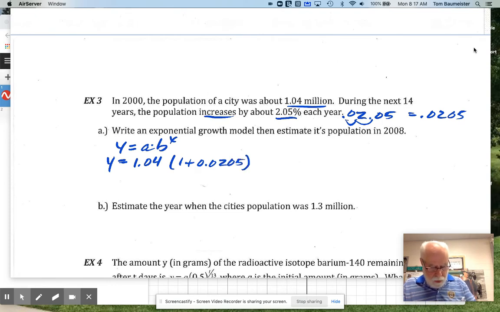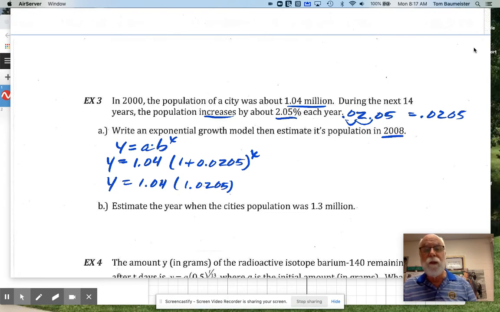And again, since we're going to be putting it in the calculator, we're going to go ahead and put an x there. Okay? So we'll have y is equal to 1.04 times 1.0205 raised to the x power. And again, from 2000 to 2008, that tells us that our x is going to equal 8 years.